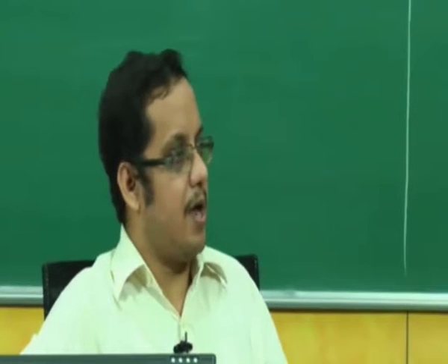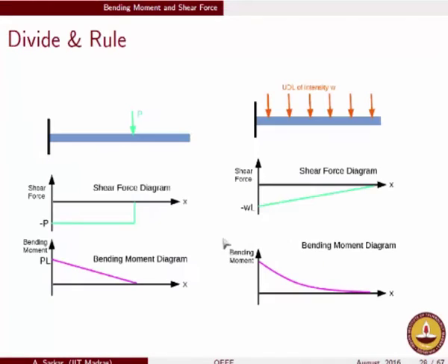Rungta is asking me, how can we draw SFD and BMD diagram using divide and rule? Well, I gave you the intuitive feel of it, that the SFD and the bending moment for the constituent loads are as given in this fashion.